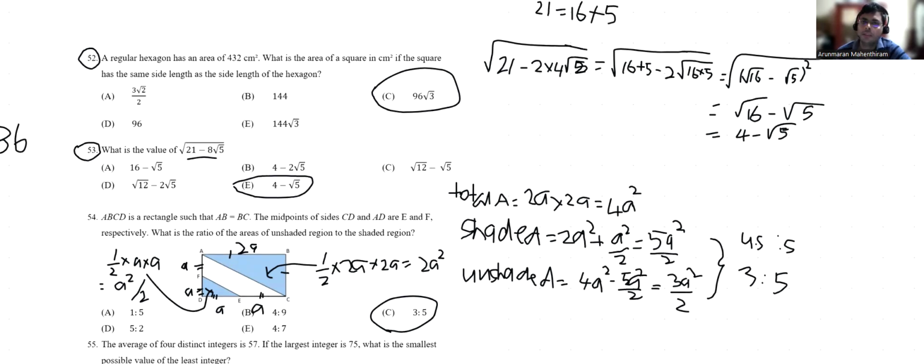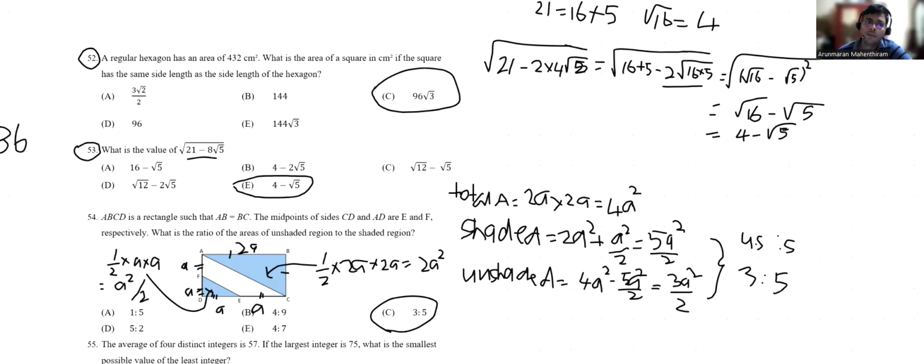Then that becomes 16, because 4 can be written as square root of 16. So this can be written as 2 times square root of 16 into 5. 21 can be written as 16 plus 5.